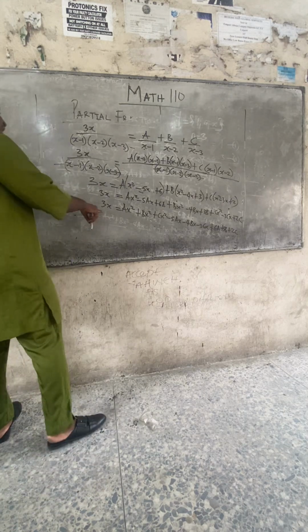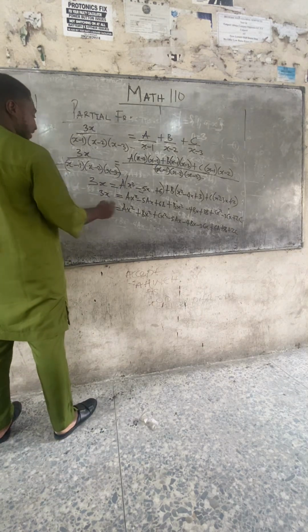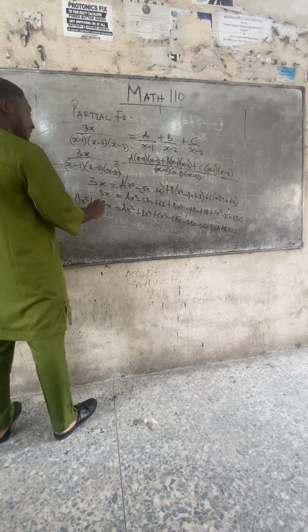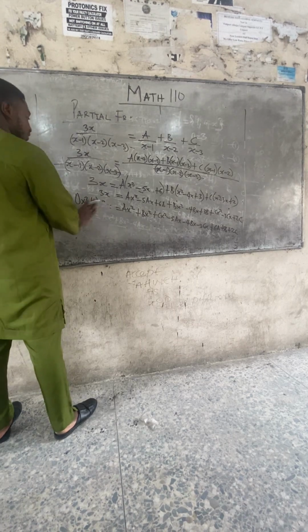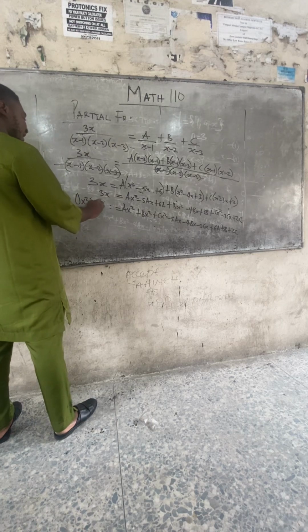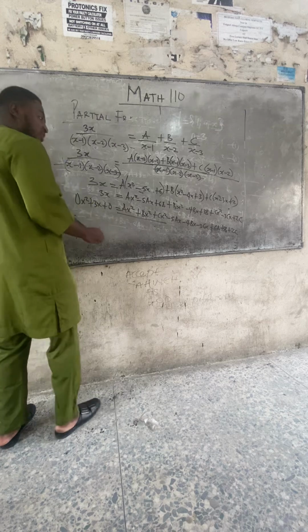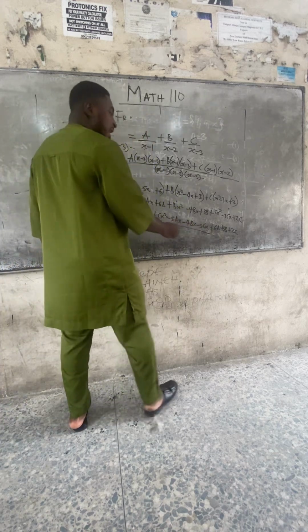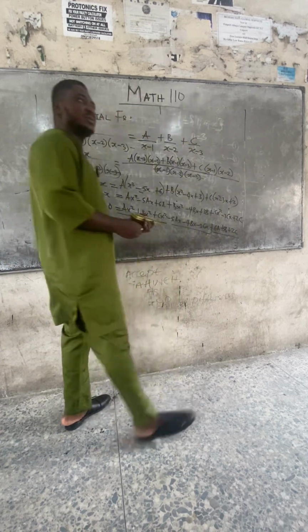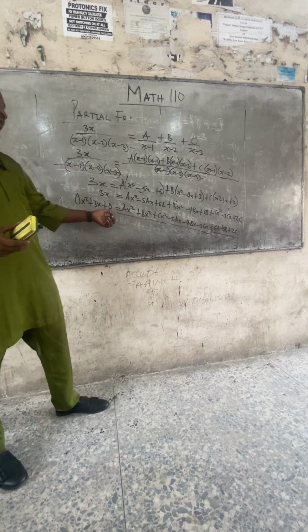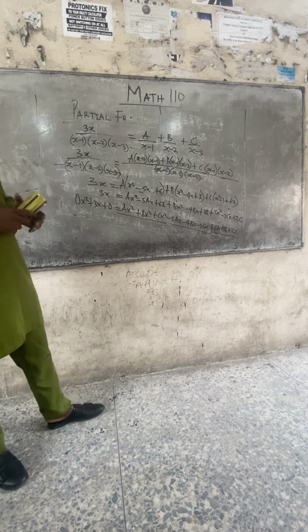Class, on the left hand side, there's only an x component available. We don't have those that have x squared, so introduce 0x squared. We also have those that don't have x at all, so introduce 0. So this should be 0x squared plus 3x plus 0. Because in the right hand side, we have those that have x squared, those that have x, and those that don't have x at all.